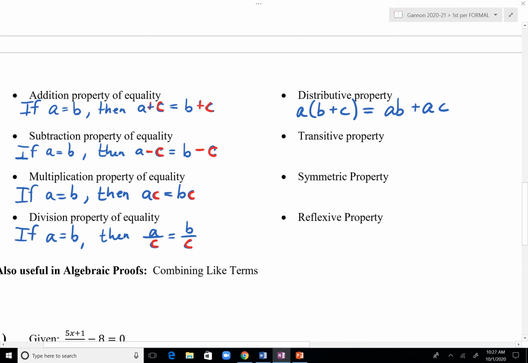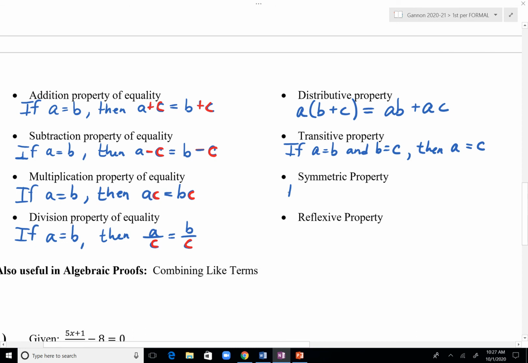There is a transitive property that says if A equals B and B equals C, then A equals C. Because you have two values, A and C, that are both equal to the same value, B. That's called the transitive property. It might look familiar because it's very similar to the law of syllogism.